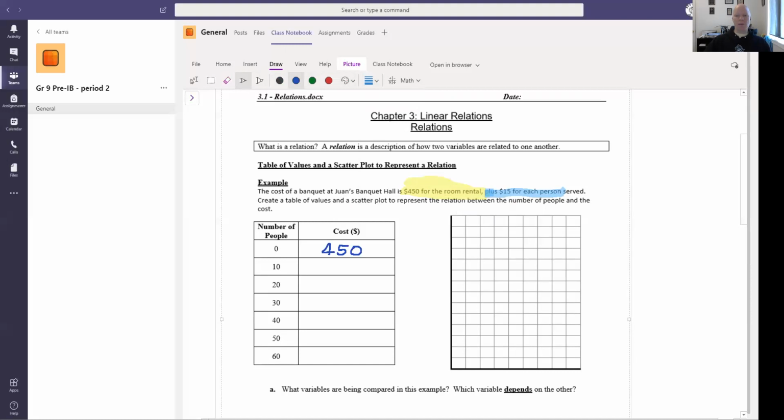So why might they have a rental fee for this? Well, what if the person who rents Juan's banquet hall decides at the last minute, oh gee, I can't do it that weekend, I've got to do it some other weekend, and it's like the Friday before, renting it on the Saturday or whatever, then Juan's banquet hall won't have a chance to rent it the next day to somebody else.